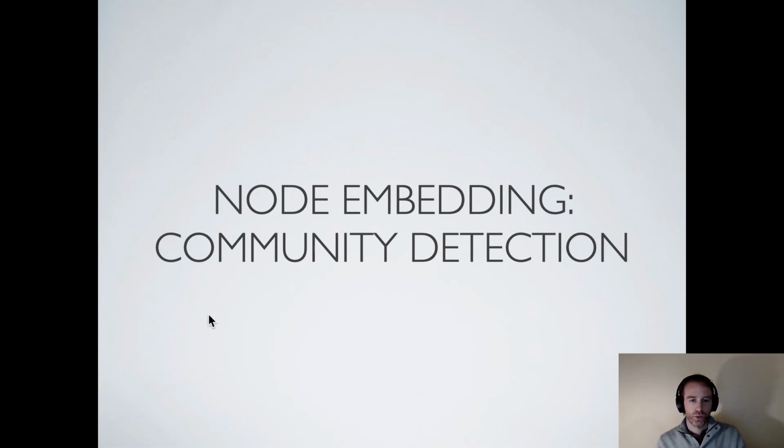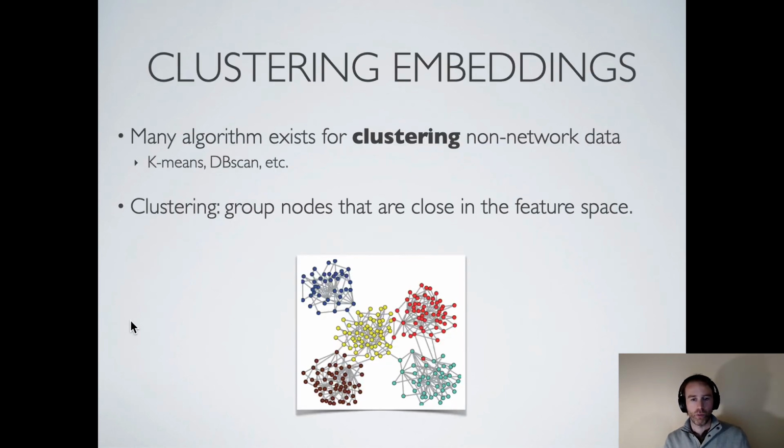You can also use embeddings for community detection. This is very simple to understand if you think of community detection as a task of graph clustering. And I introduced in the community detection class what clustering is. In clustering, you try to find groups of nodes which are close to each other in terms of distance, for instance, the Euclidean distance.